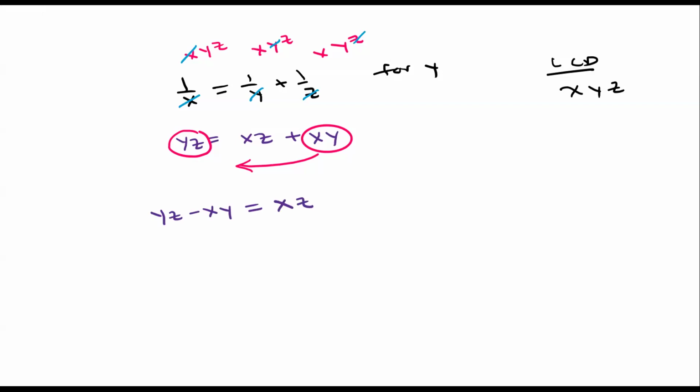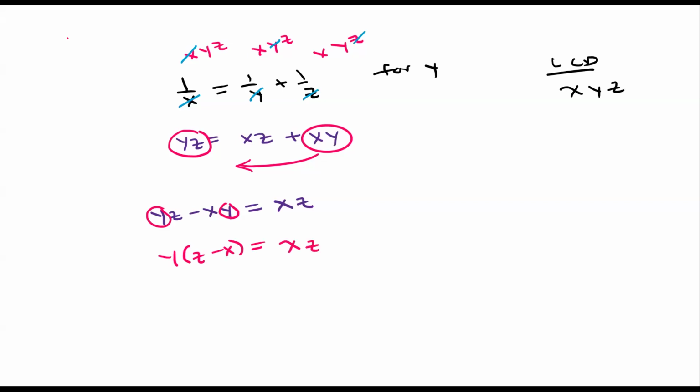Okay. And then notice that on this side, we have the Y's now, right? So we have this Y and then this Y. So they have that in common. So what we can do is factor out the Y. So that would be Y times Z minus X equals XZ.